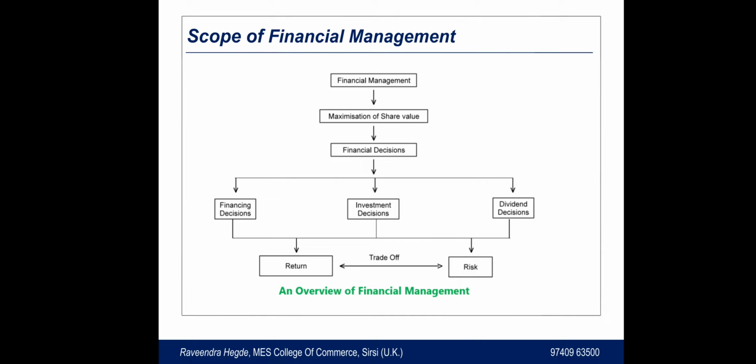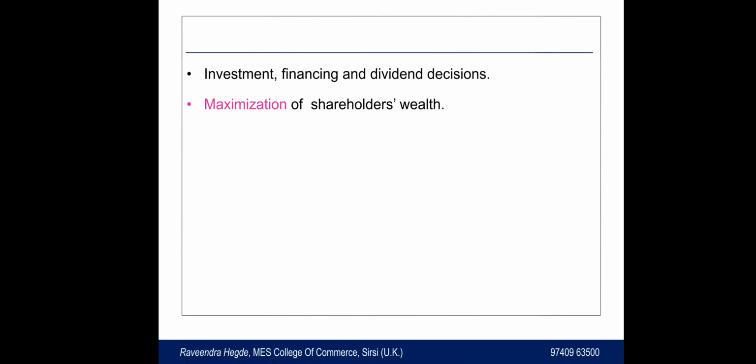The picture you are seeing on the screen depicts the overview of the scope and functions of financial management. It also gives the interrelation between the market value, financial decisions, and risk return trade off. The finance manager, in a bid to maximize shareholders' wealth, should strive to maximize returns in relation to the given risk.